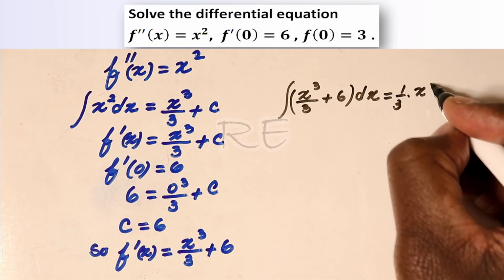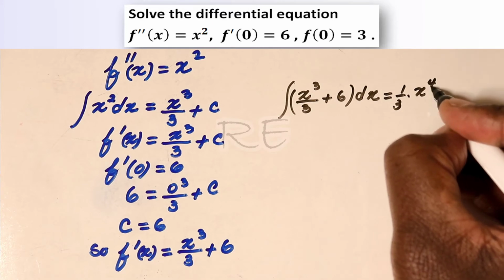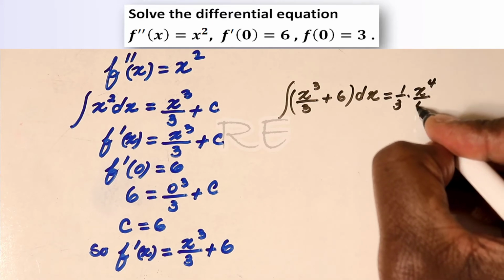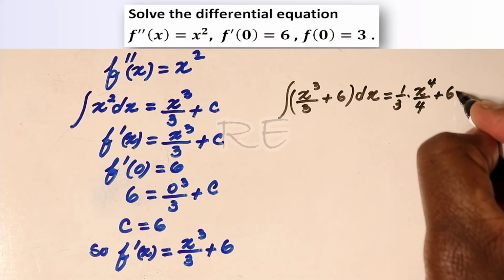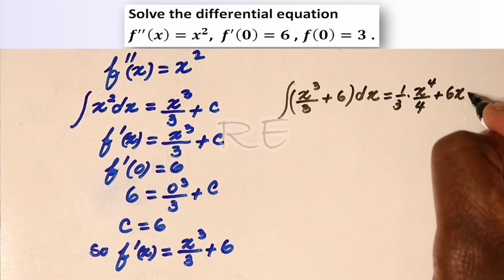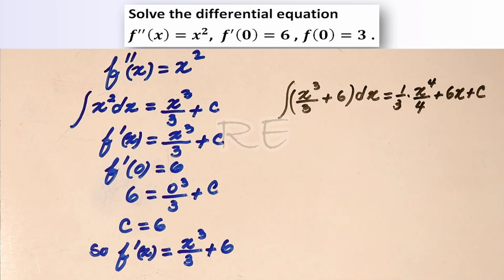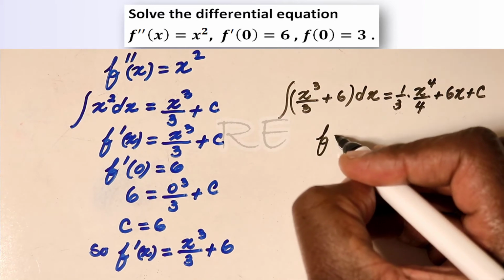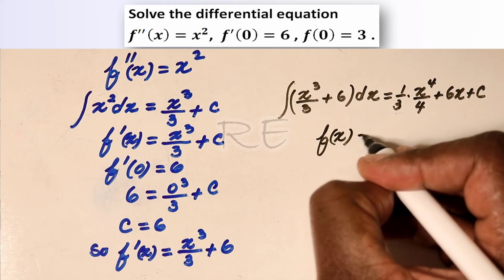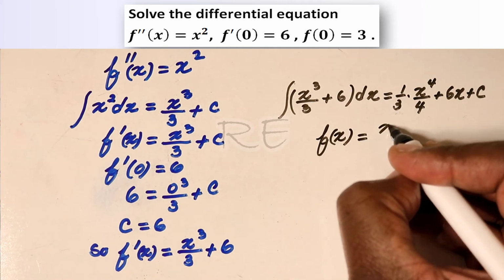And the integral of x cubed will be x to the 4th over 4, 3 plus 1. And the antiderivative of 6 is 6x plus c.